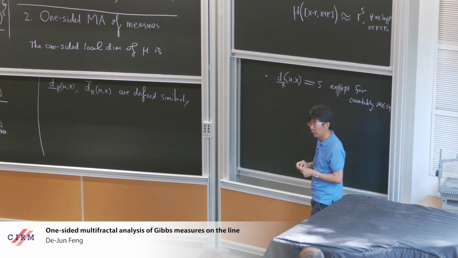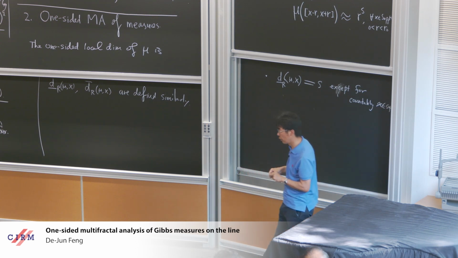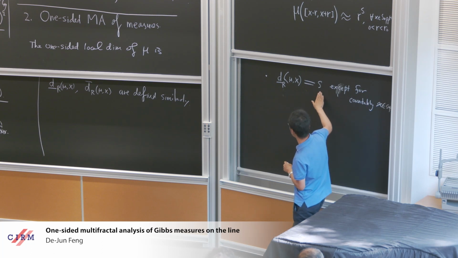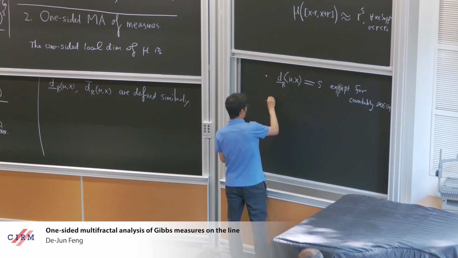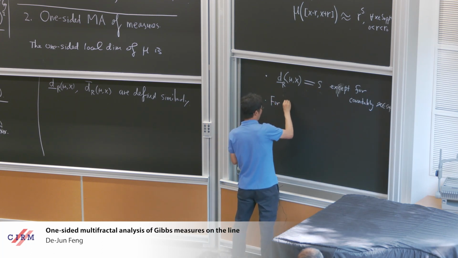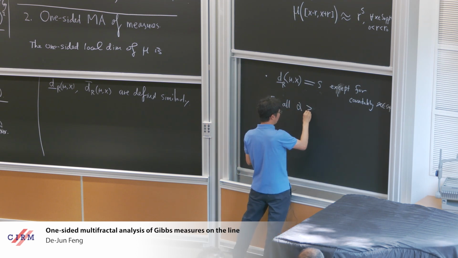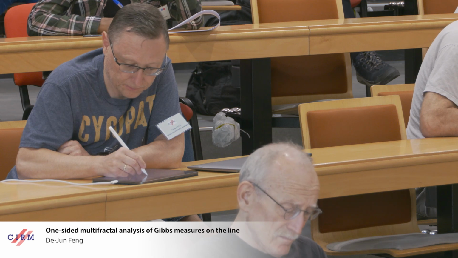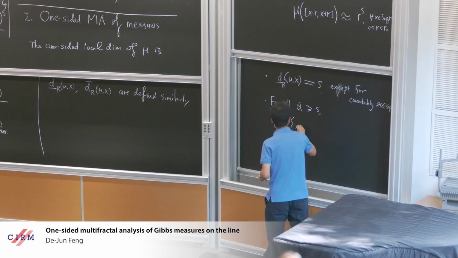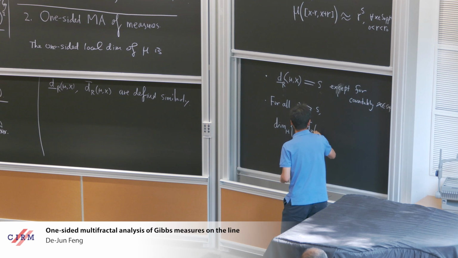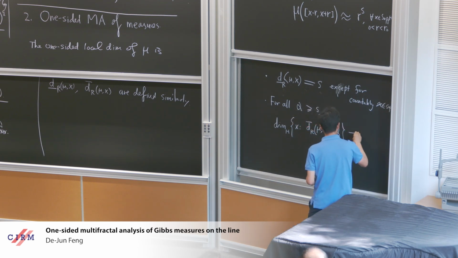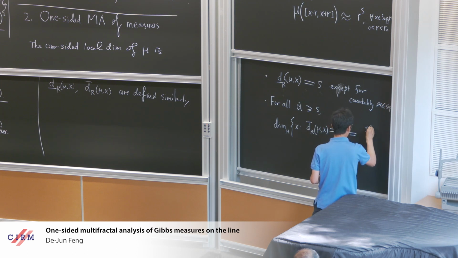But there are many points such that the upper local dimension is actually greater than s. Actually, for any alpha greater or equal to s, the Hausdorff dimension of the set where the upper local dimension of x equals alpha is given by s squared over alpha.